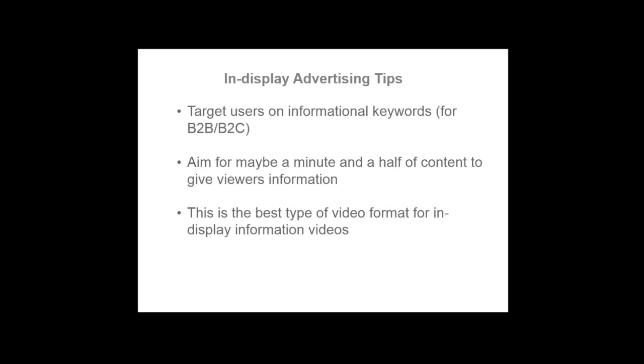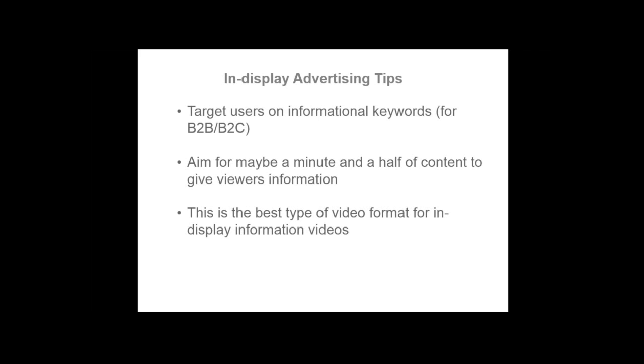Okay, we're going to go through a few tips for these 3 different types. Okay, so you want to target users on informational keywords for display ads for both B2B and B2C. Aim for maybe 1.5 minutes of video content within a video, and then provide as much information as possible within that video. So because the user will have to click through and then watch your video.